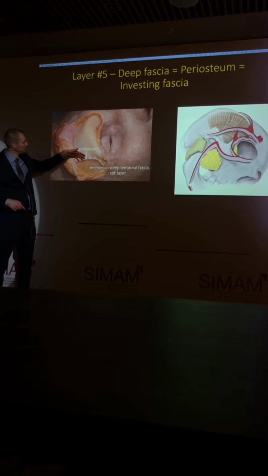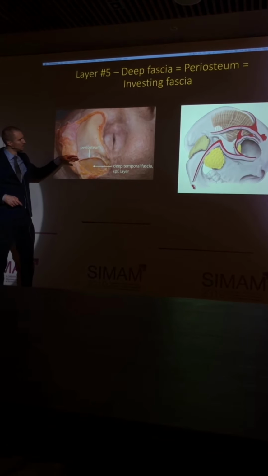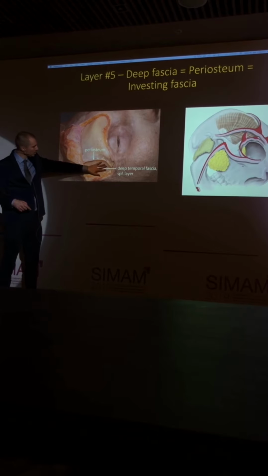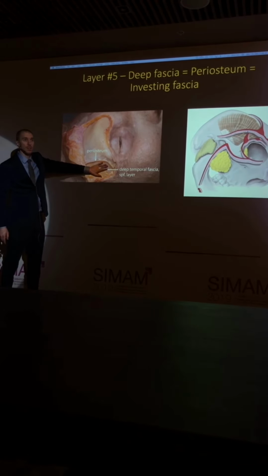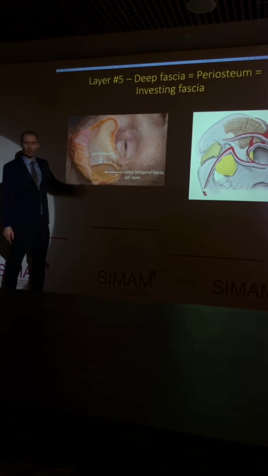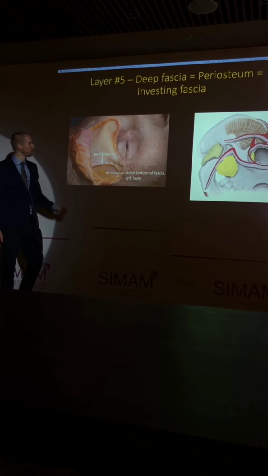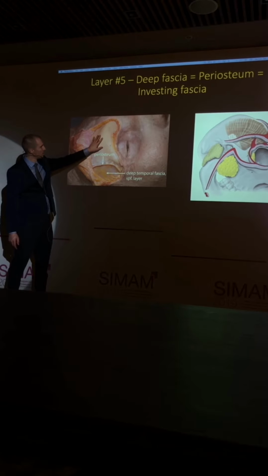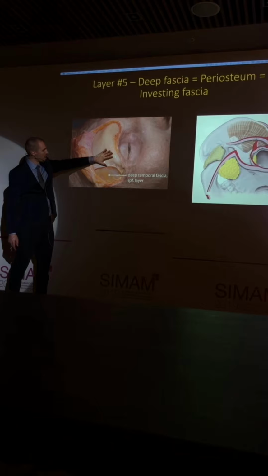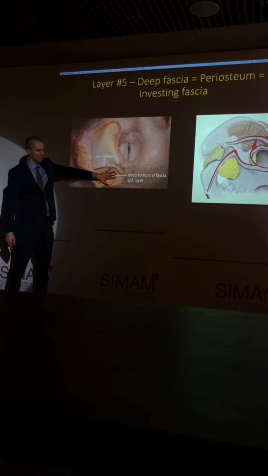Underneath it, there is temporalis muscle. Temporalis is a masticatory muscle. So the border is periosteum and then the deep temporalis fascia.